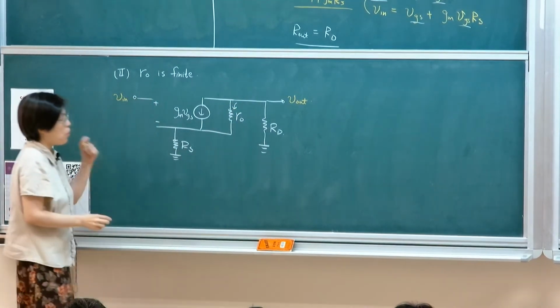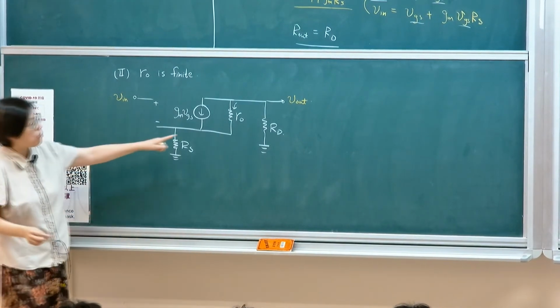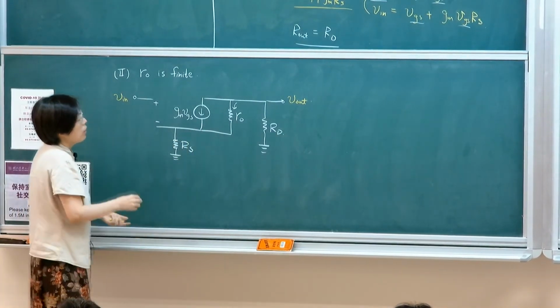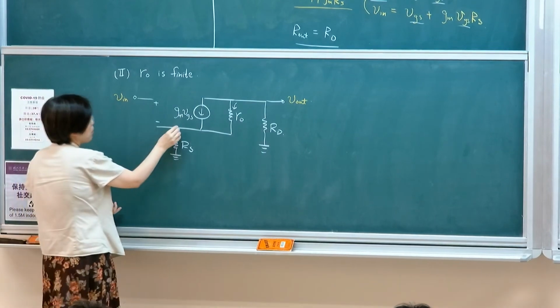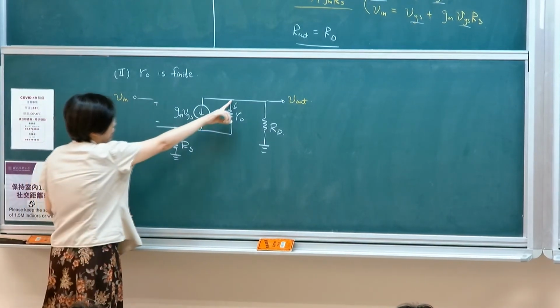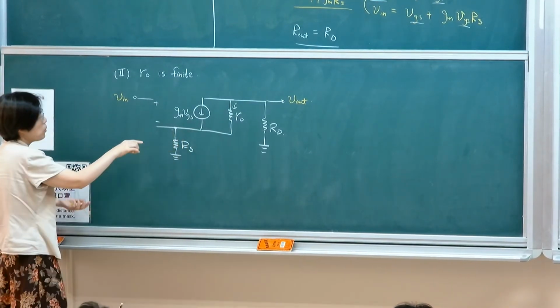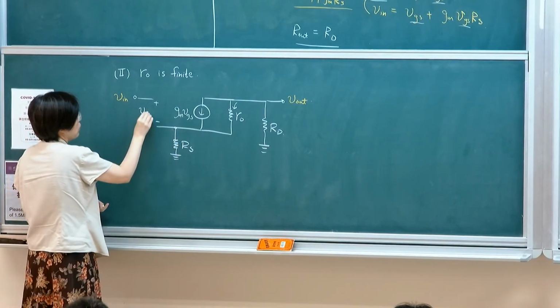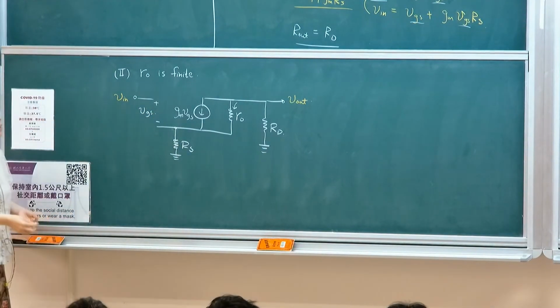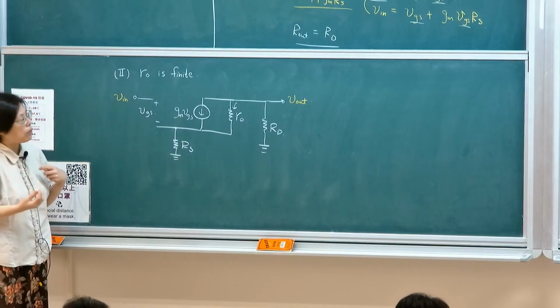You need to know what is the amount of current that's passing through this RO. And this is being established by the voltage drop between VL and the voltage at this terminal VGS. There's various ways of doing this.